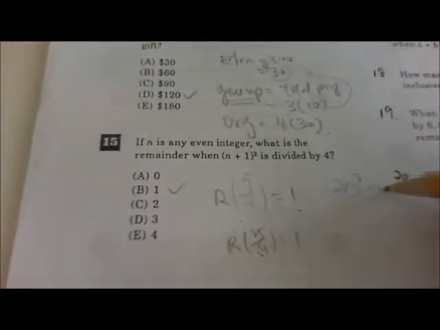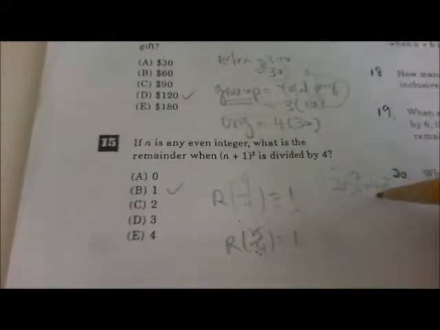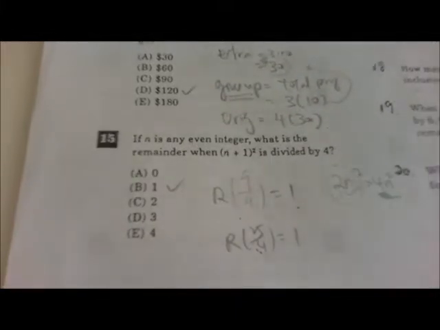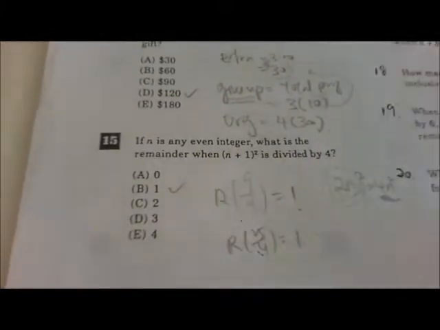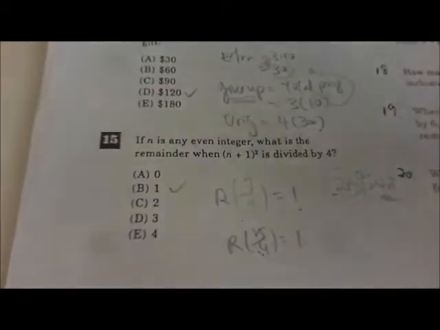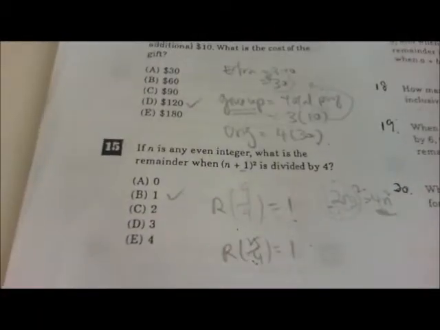When you square it, you get 4n squared. So whenever an even number squared is divided by 4, you don't have any remainder because you have 2 squared, which is a multiple of 4. But here it is plus 1, so you always have 1 as the remainder.